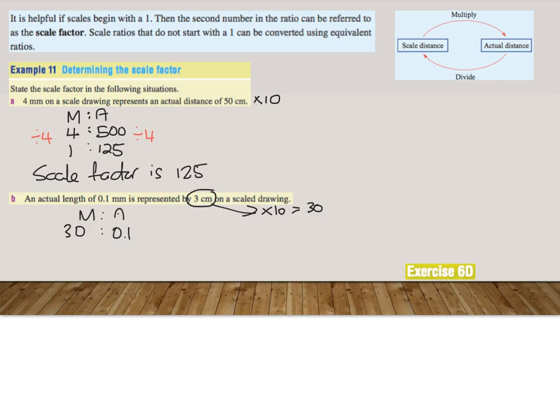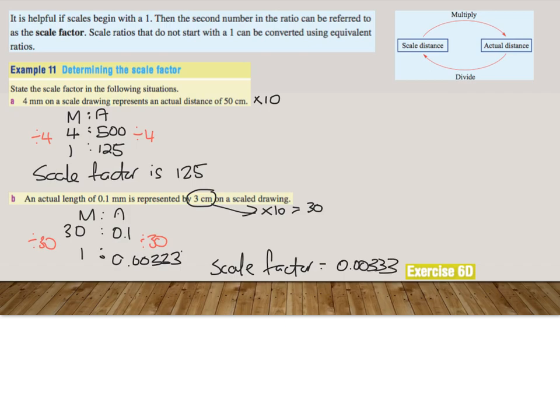To do that, I'm going to divide both sides by 30. 30 divided by 30 equals 1, and 0.1 divided by 30 equals 0.00333, repeating, which means that the scale factor equals 0.00333.